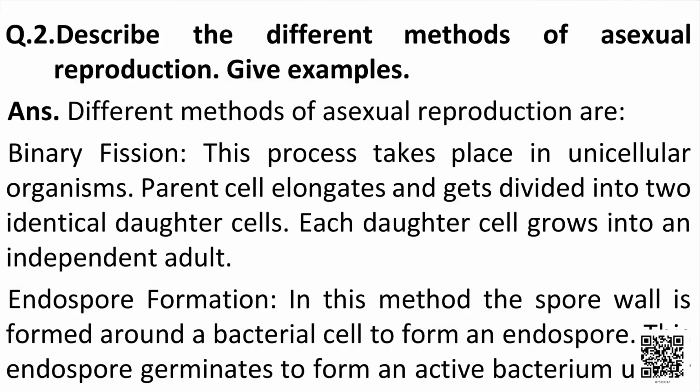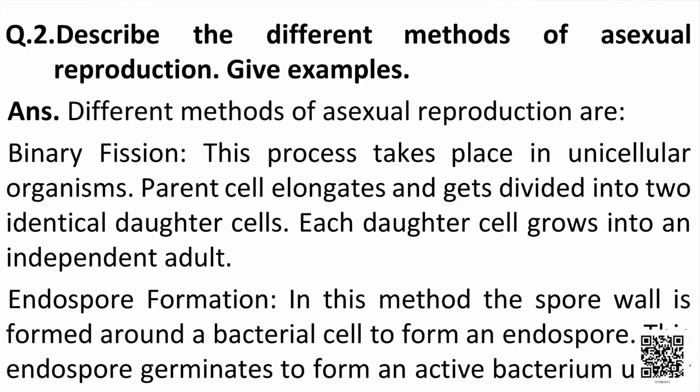Now on to the second question, which is: describe the different methods of asexual reproduction with examples. So students, the different methods of asexual reproduction are: A. Binary fission. This process takes place in unicellular organisms. The parent cell elongates and gets divided into two identical daughter cells. Each daughter cell grows into an independent adult.